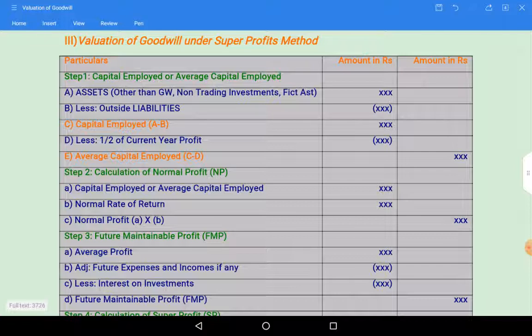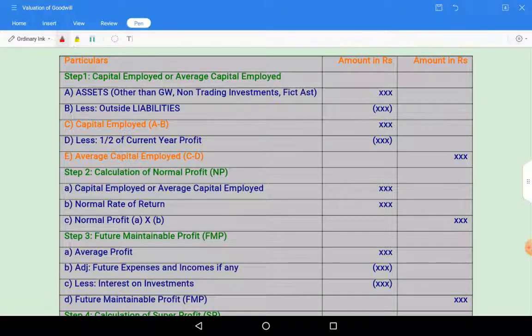So valuation of goodwill under the super profits method, how many steps? 5 steps. Step 1 is capital employed or average capital employed.